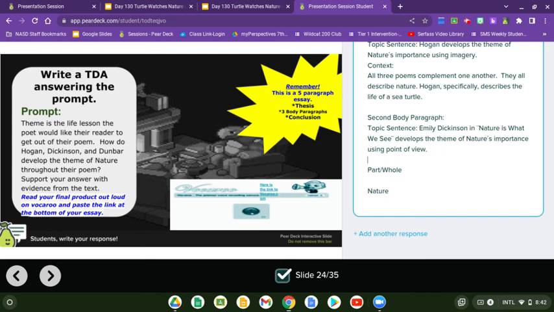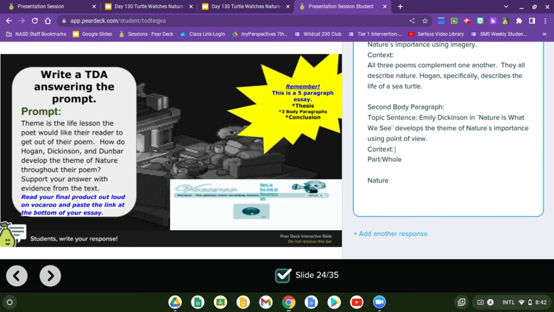Right? And then you can describe how she uses the part and the whole to set up her poem. Right? She describes different parts of nature, like dot dot dot, and you can go ahead and revisit the poem there, right?